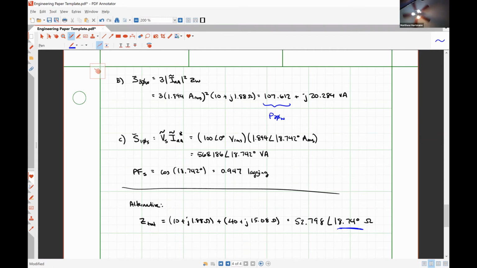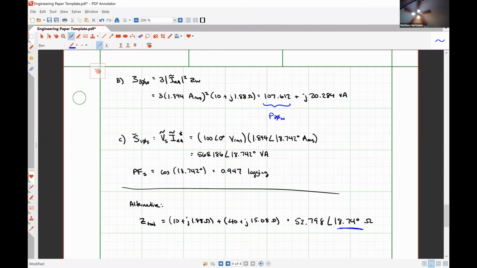In a lot of questions you're asked the power factor about a particular load. You don't ever need to figure out the voltage or current. If you know the impedance of the load, then you know the angle, which means you know the power factor, never knowing what the voltage or current is. So it's just a quick way to get the results you're looking for.